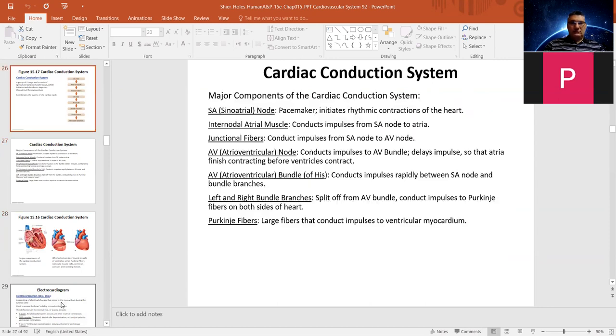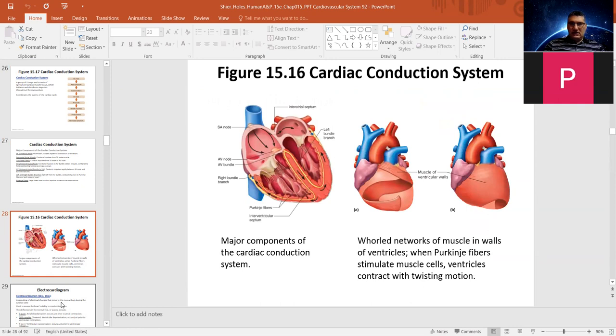Let me see if we have a good picture here. Yeah, here it is. This is the SA node, and SA node means sinoatrial node. It is a node located between the sinus, which is this bulge right here at the very first part of the aorta, and the atrium.